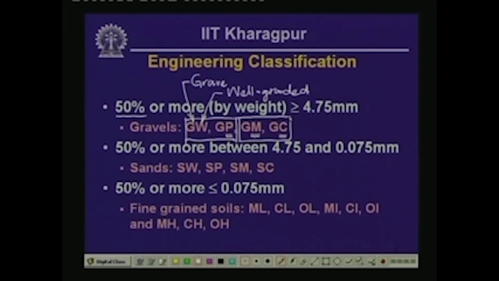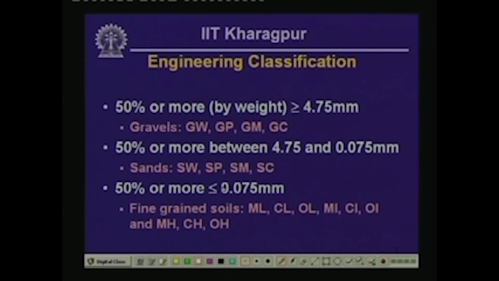Then the second category is if you have got more than 50% by weight between grain sizes of 4.75 millimeter and 0.075 millimeter. In this case, we are going to call the soil, in engineering sense, sands. Again, you could have well graded sand, poorly graded sand, silty sand or clayey sand, just like we had in case of gravels.